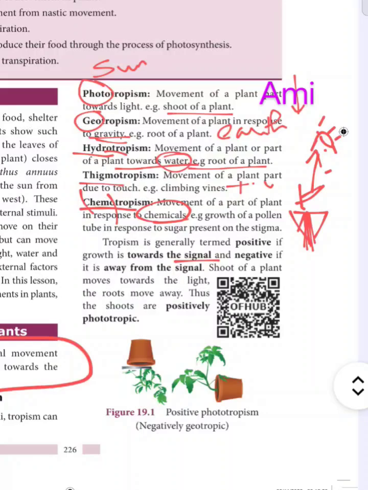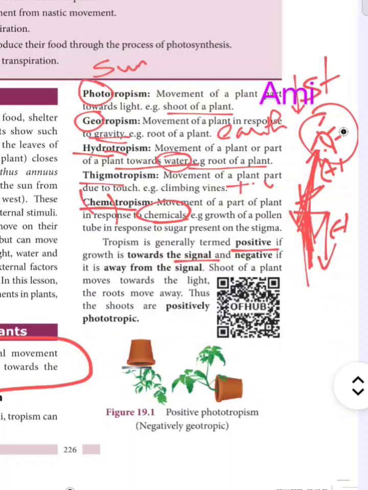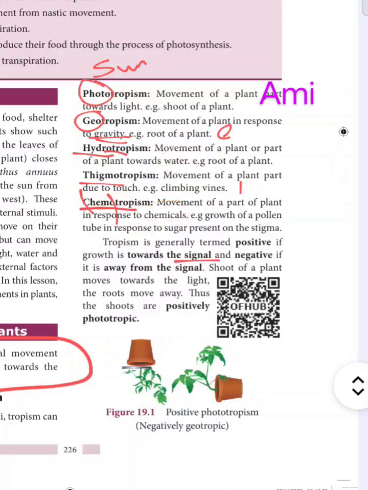So here it is having a positive tropism. Whereas the root system is moving away from the sunlight, it is having a negative tropism. So can you understand the difference? If sun is the stimulus in this case, the shoot system is showing a positive tropism, whereas the root system, which is moving away from the stimulus, is showing a negative tropism.